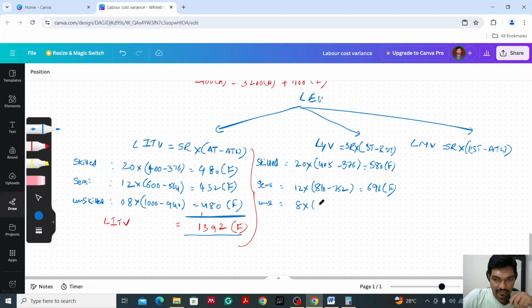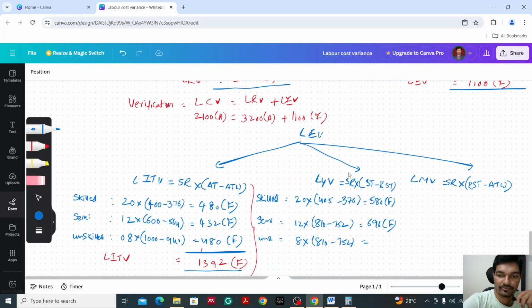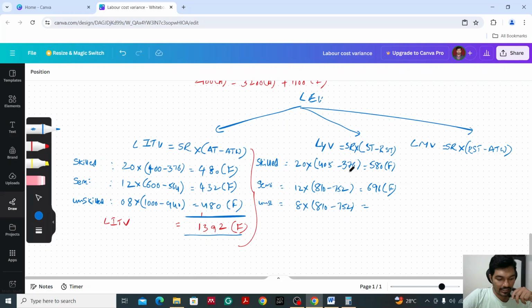Coming to the last one, 810 minus 752, and the answer here is 464, which is also in favor. Then the total labor yield variance value is 1740 in favor.